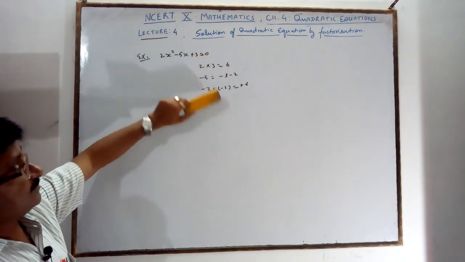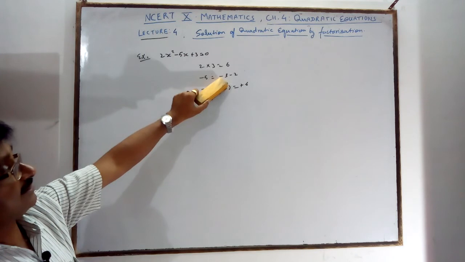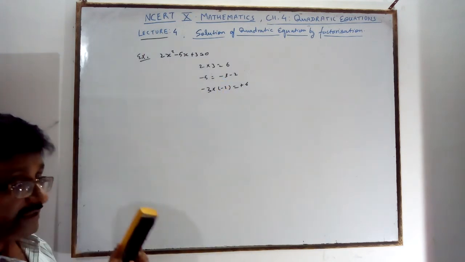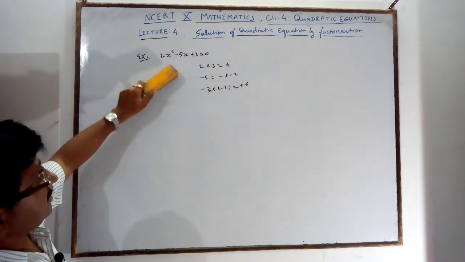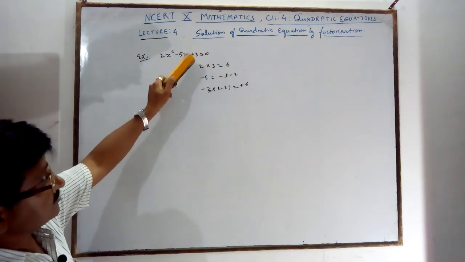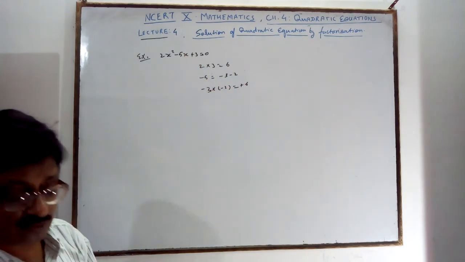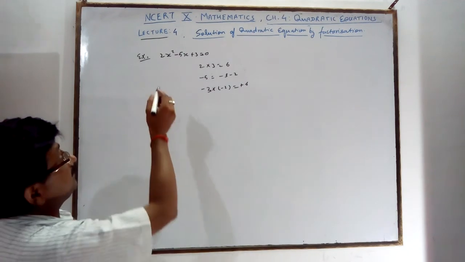The product is plus 6 and the sum is minus 5. So how will you find this? Sometimes you use 6 and 1, or 3 and 2, for 6. Which factor you use is very important.